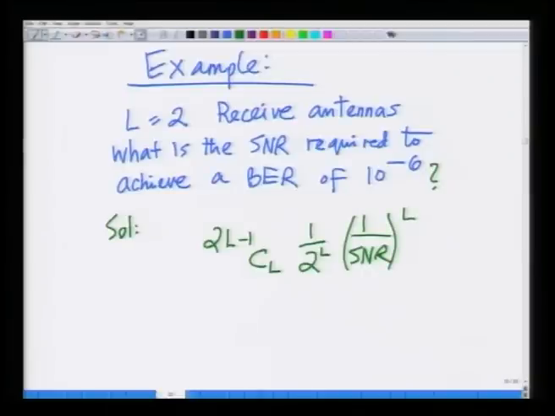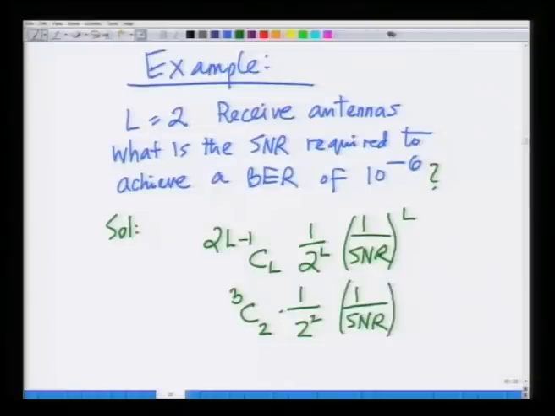Now, L equals 2. So, 2L minus 1 is 3, choose 2, or 3 C 2, times 1 over 2 square times 1 over SNR square. 3 choose 2 is nothing but 3, and 1 over 2 square is nothing but 1 over 4.